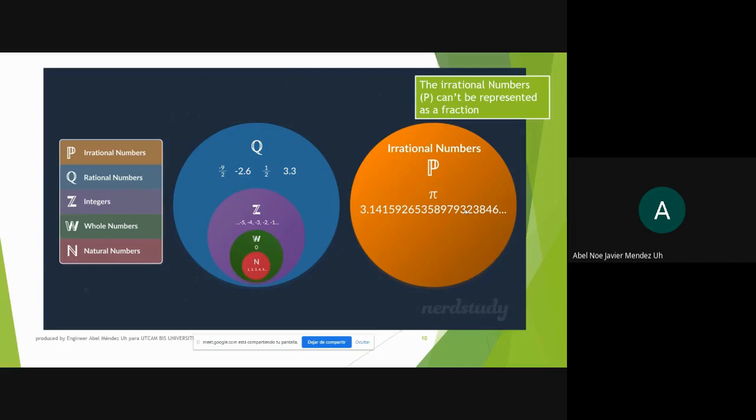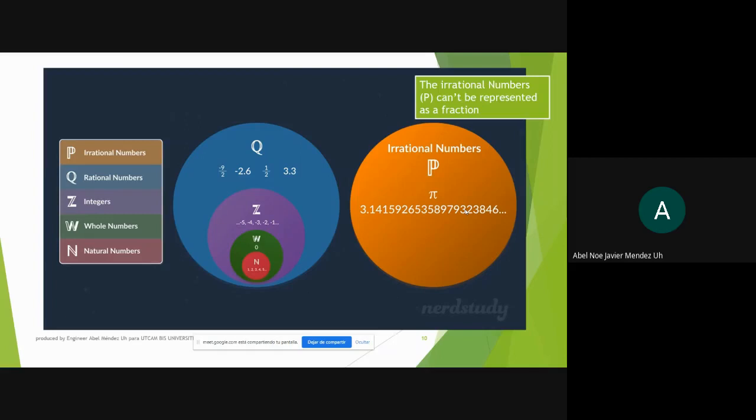And if we read the green rectangle above the orange circle, the irrational numbers, capital P, can't be represented as a fraction, okay?